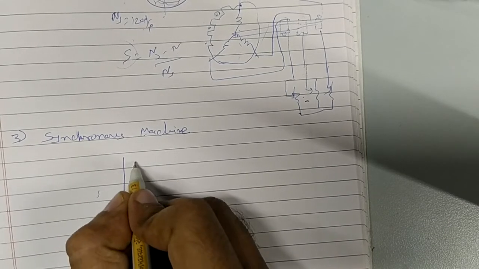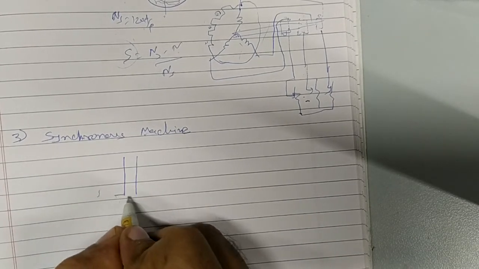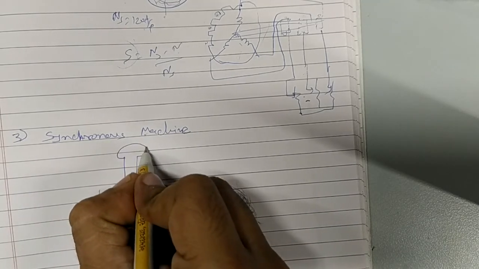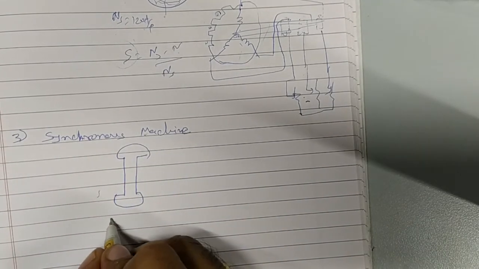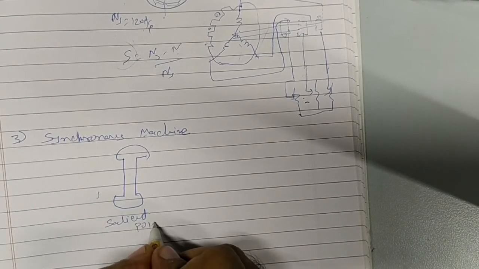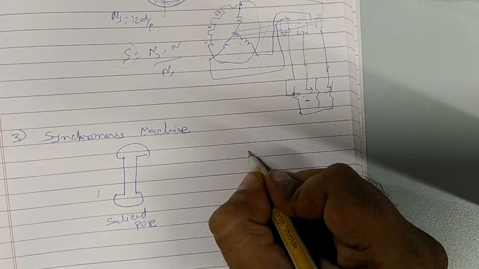It will roughly look like this. If I draw a simple figure of a two-pole machine, the rotor will look like this. This is the salient pole type of rotor. And another will look like this.